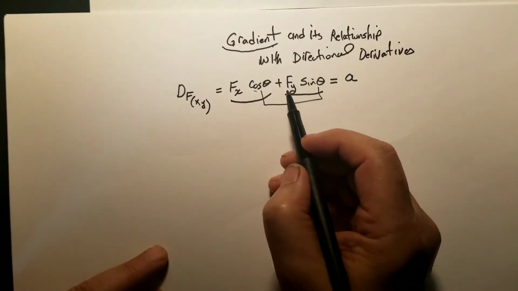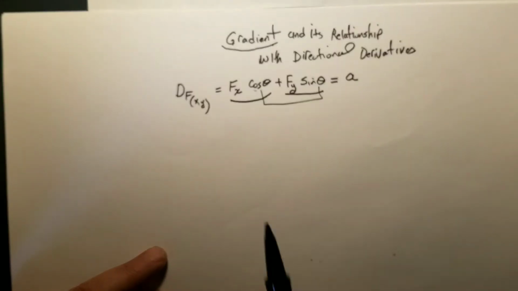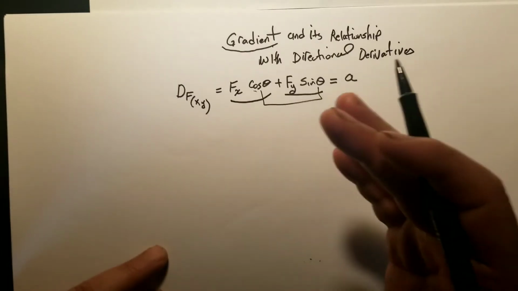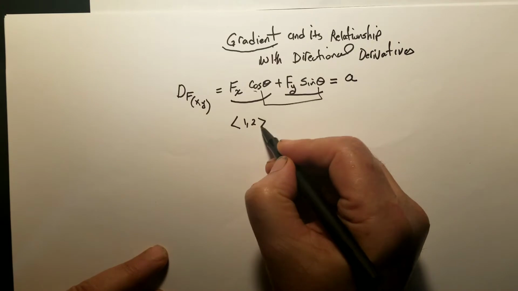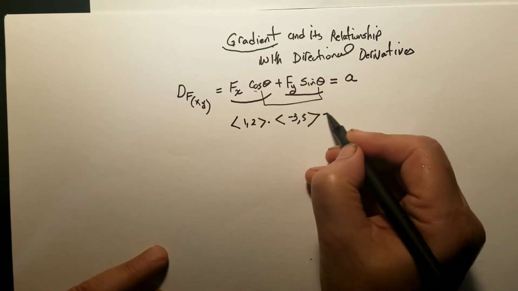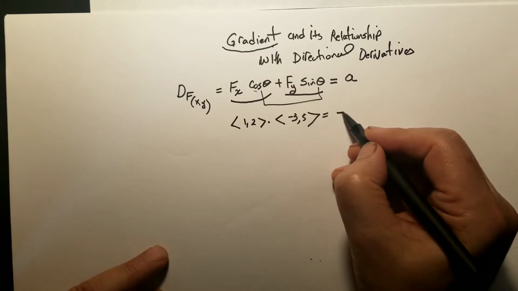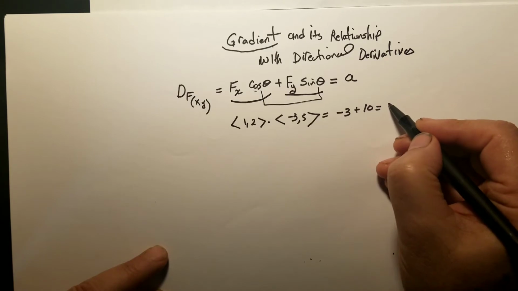Okay, I talked about the directional derivative being a scalar quantity. We also remember a few weeks ago we talked about the dot product of two vectors, like 1 and 2. When you dot it with another vector of -3 and 5, the dot product of the two vectors will also become a scalar quantity.